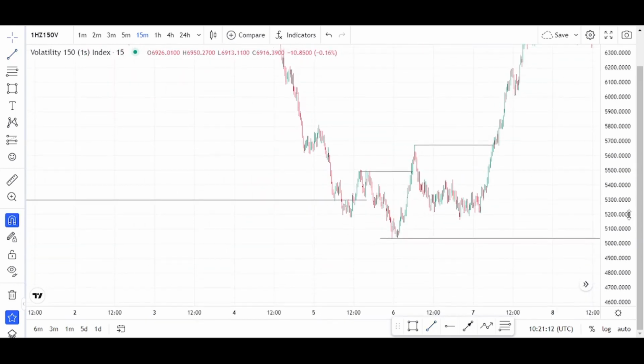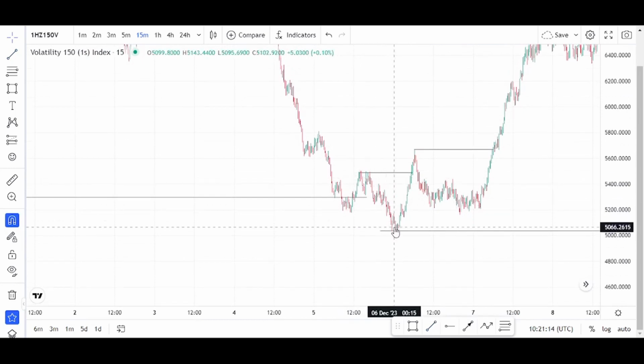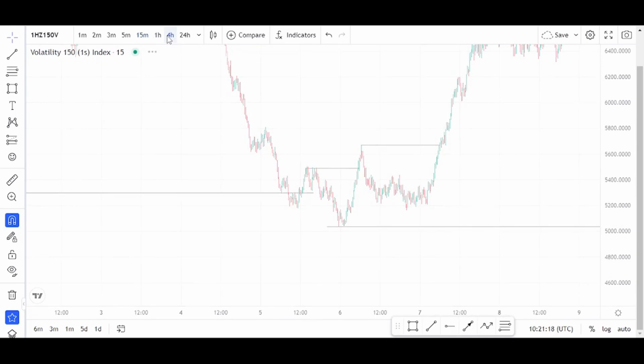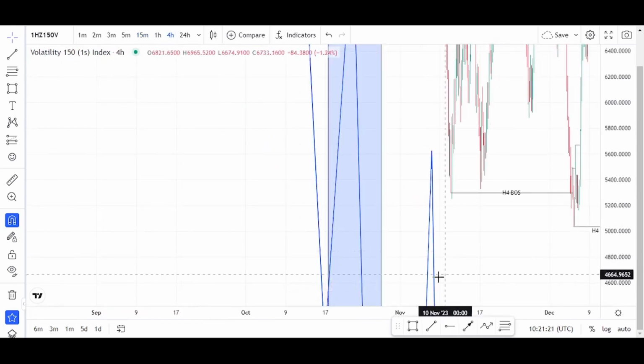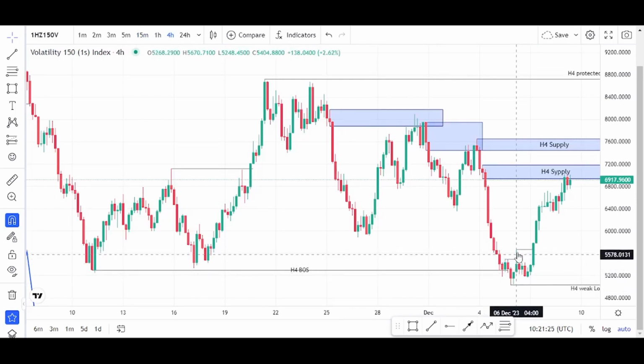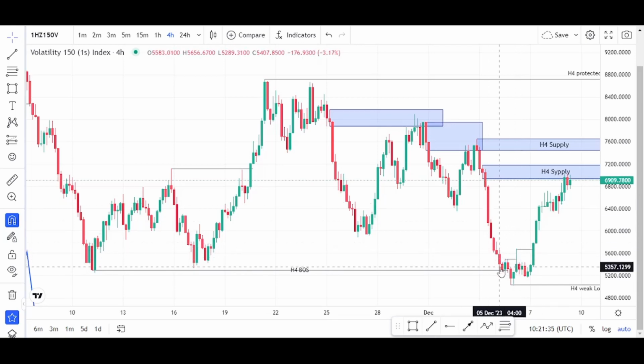Because in the H4 this is not identified as a, let me check first. Let me pick it. Well, that was just a liquidity grab and not really a break. So I wouldn't have labeled this as the start of the retracement of the H4, but I would have labeled this one as the retracement of the H4 because it broke structure with a full body.